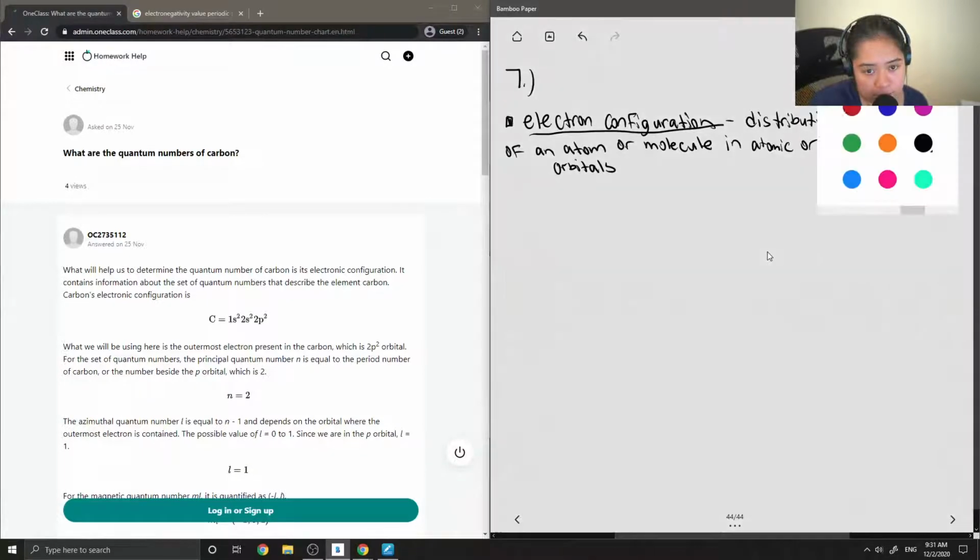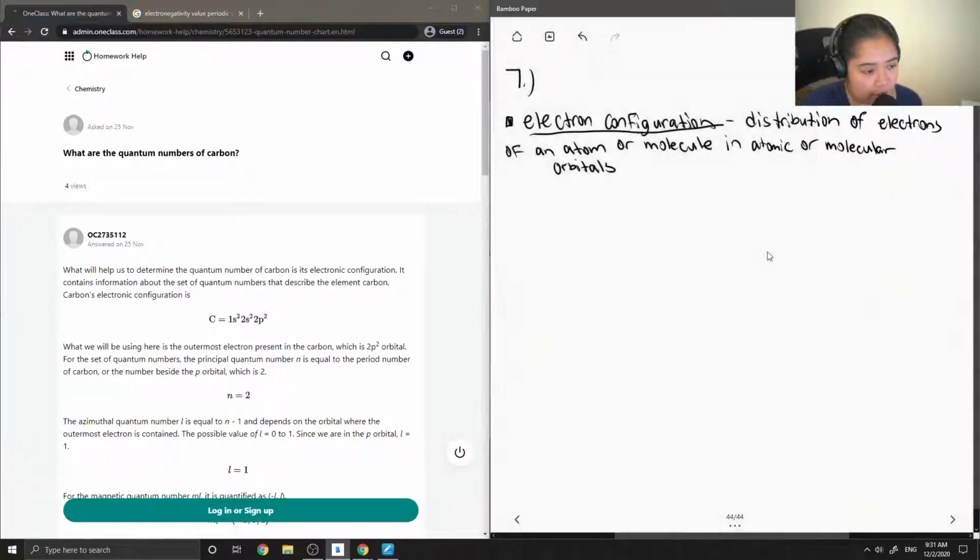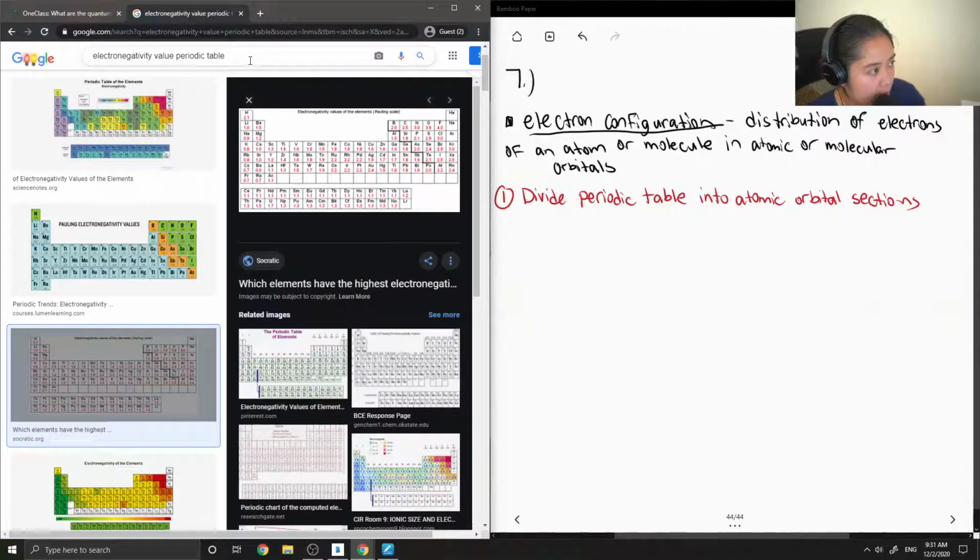Okay, so there are different steps to finding electron configuration. The first one is to divide your periodic table into atomic orbitals sections. I'm just going to look this up on Google, so it will be easier to see.